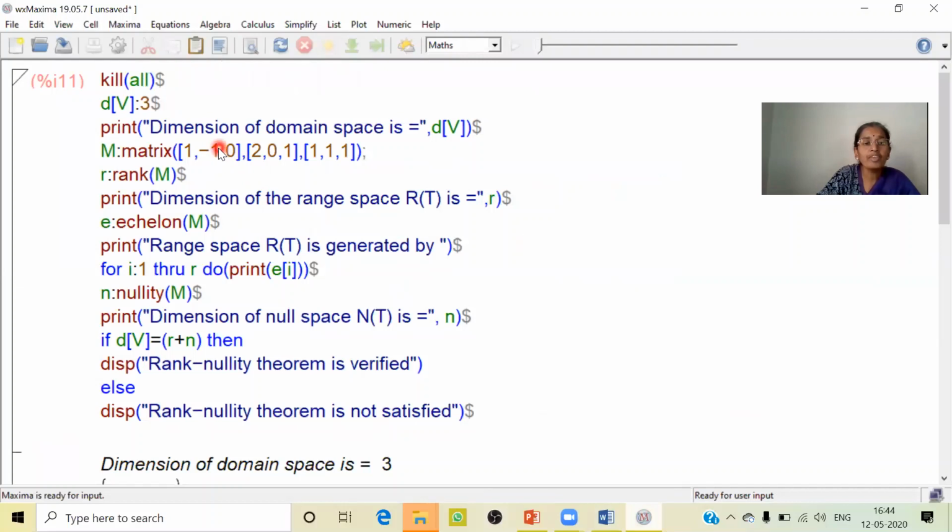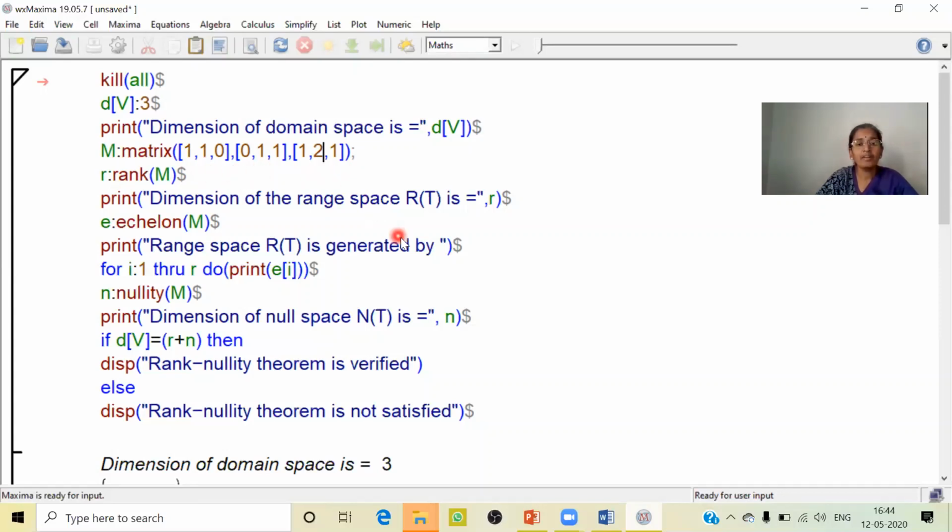So here I'm going to change that as 1, 1, 0. The second element is 0, 1, 1. And the third element is 1, 2, 1. So we just change the matrix, wherein it contains the images of the basis elements.